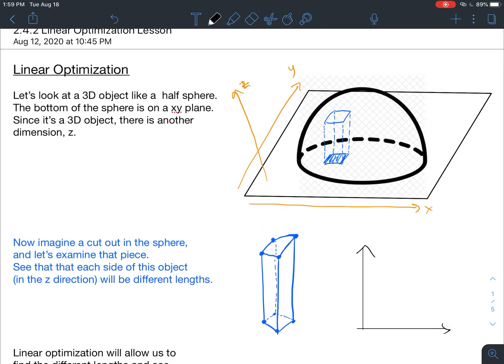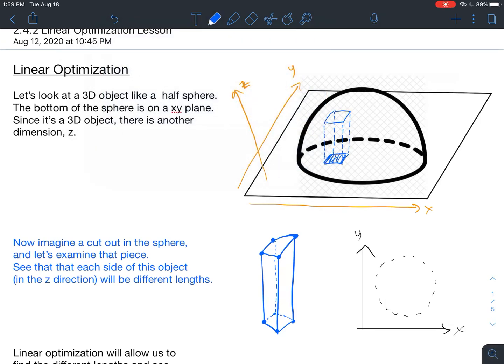So let's just say this xy plane, this is the sphere, as if we were looking down above it. Okay, and that's a 3D sphere, but we're just looking at the y and the x plane right now, so we're not thinking about the z dimension.